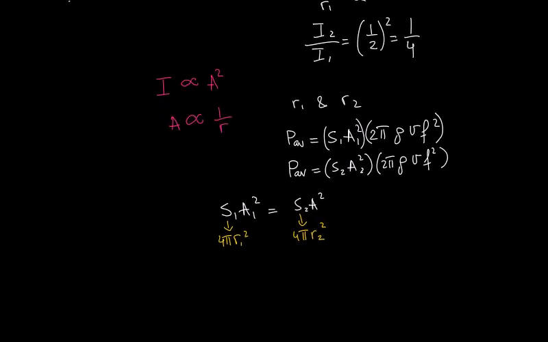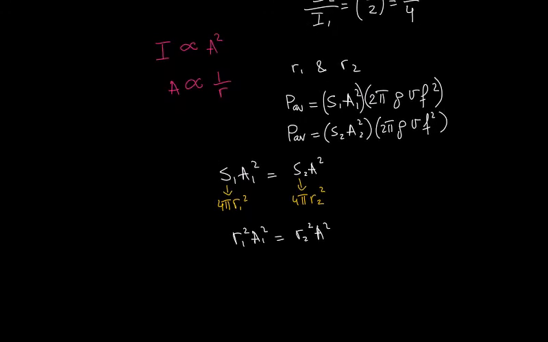If we substitute that, we end up having r1 squared A1 squared equals r2 squared A2 squared. From here I could say A2 over A1 equals r1 over r2.